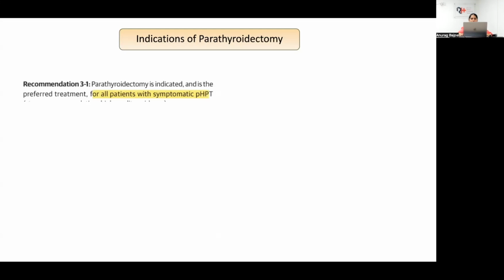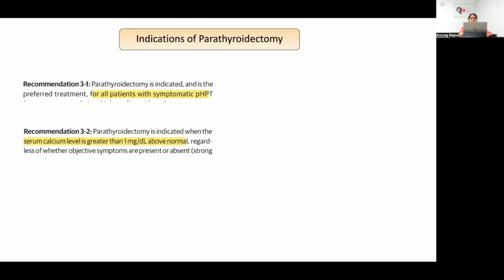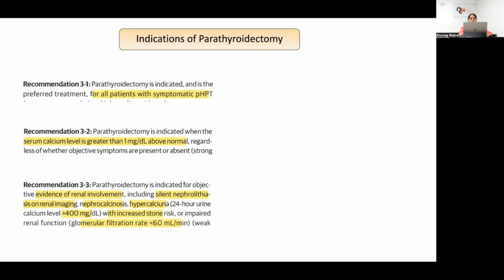Avoided, definitely. Now coming to the indications for parathyroidectomy. All symptomatic patients are candidates for parathyroidectomy, and when the serum calcium is more than 1 milligram above the upper limit, that is 10, so if the serum calcium is 11, it becomes an indication. Also when there is renal involvement, whether silent nephrolithiasis on renal imaging, nephrocalcinosis, hypercalciuria with increased renal stone risk, or reduced GFR, less than 60 ml per minute.